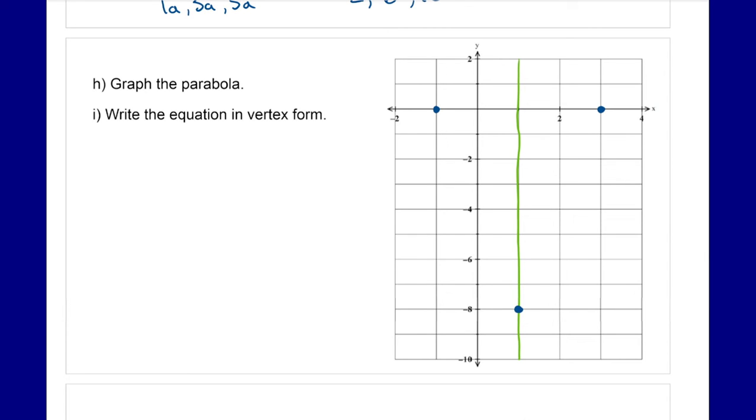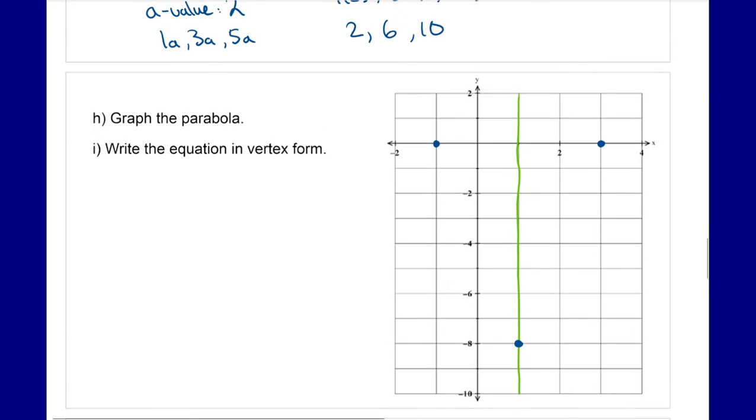Now, we could just sketch it out, but we do know the step pattern. So the step pattern tells us I go over 1, up 2, and there's a new point. It also tells me that I go over 1 again, and up 6 to my next point, which does work because that lands us exactly at our x-intercept.